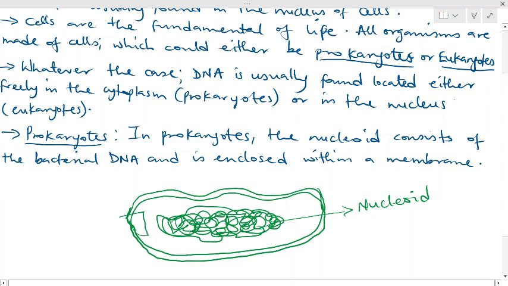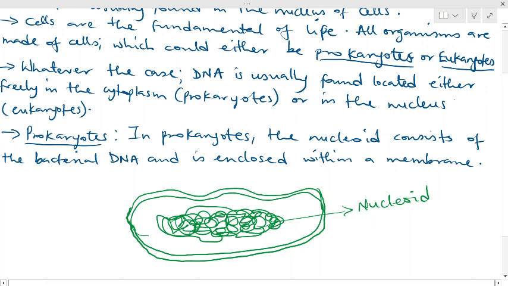Let me do that in purple. We have the membrane looking something like this.